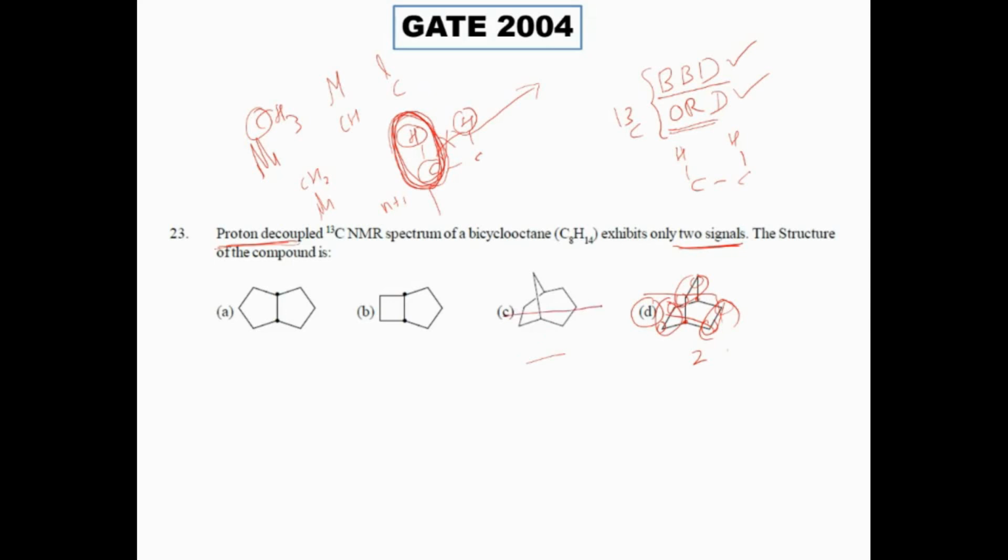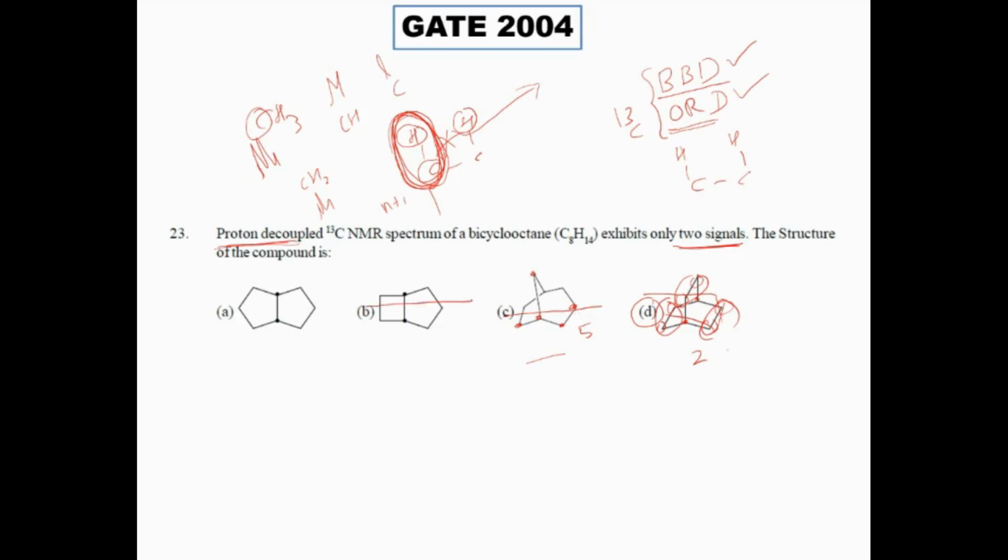How can we cut the molecule? There are 1 2 3 4 5, do you agree? 5 signals in C. How many signals in B? 4, ma'am.